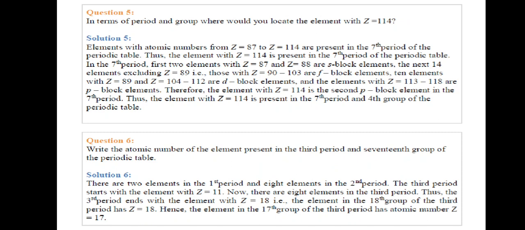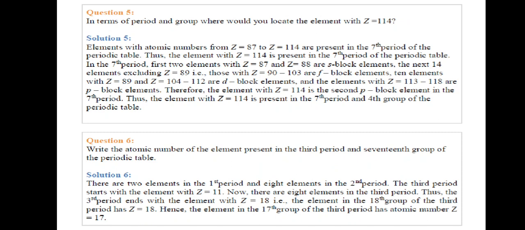In the 7th period, the first 2 elements, with Z equals 87 and 88, are s block elements. The next 14 elements, Z equals 90 to 103, excluding 89 which is actinium, are f block elements.